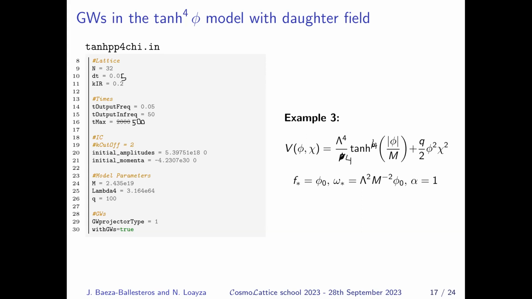Let's say it resonates first. Parametric resonance happens first, faster than the inflaton. Faster in the sense that it happens first. Yes. And this daughter field showing the broad resonance is why you are not seeing as many peaks as in phi to the power 4.